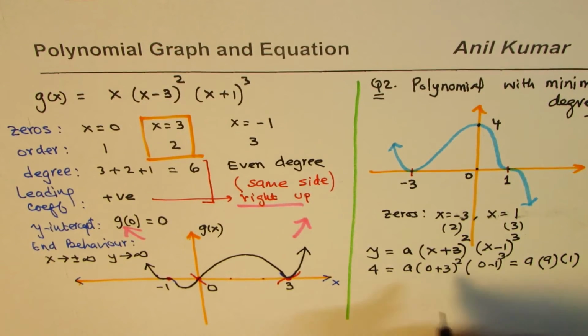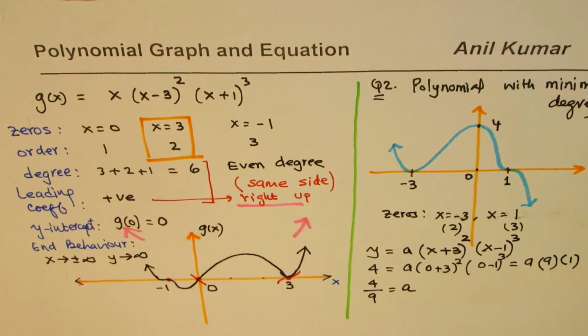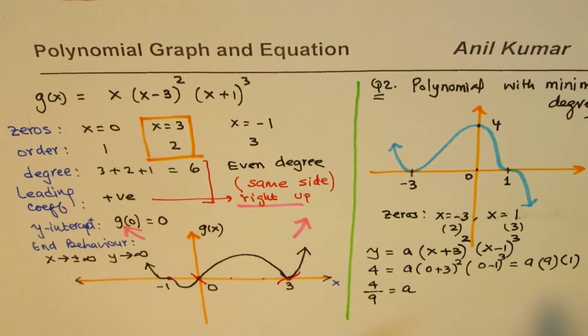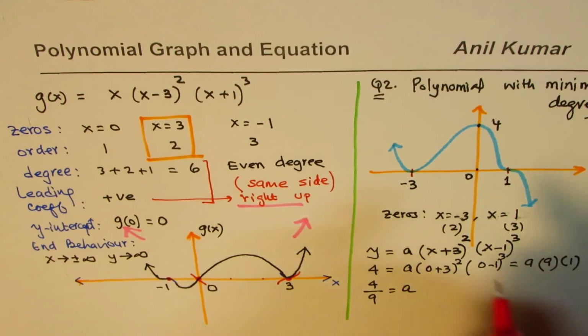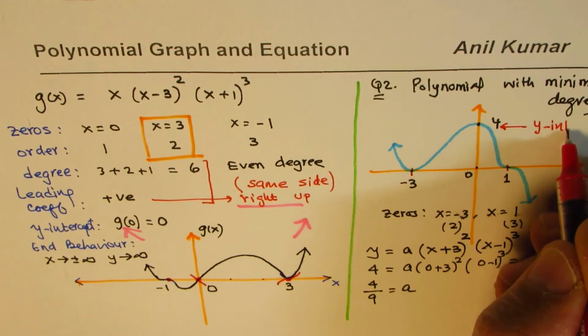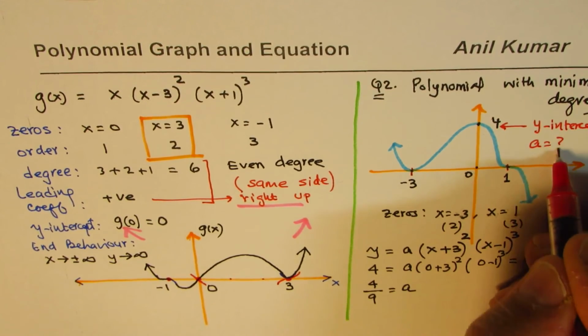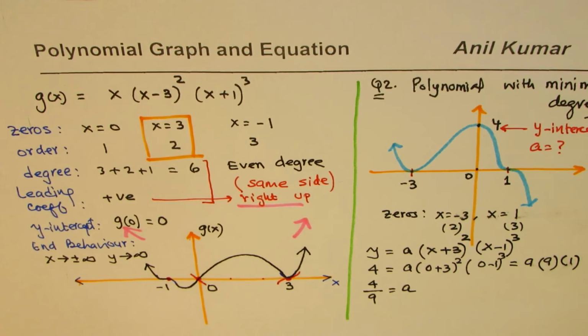So 9a is 4. So we say 4 over 9 is equal to a. So that is how you find the value of a, right? Solving this equation using the y-intercept. So that gives you the value of a, is it okay? That gives you the value of the leading coefficient.